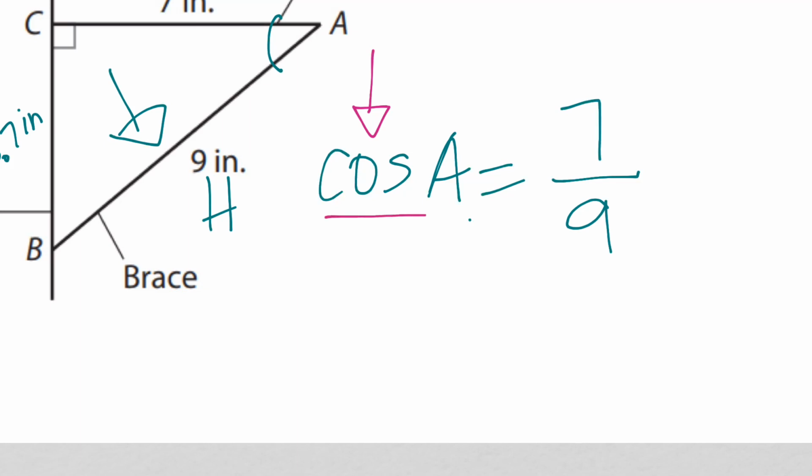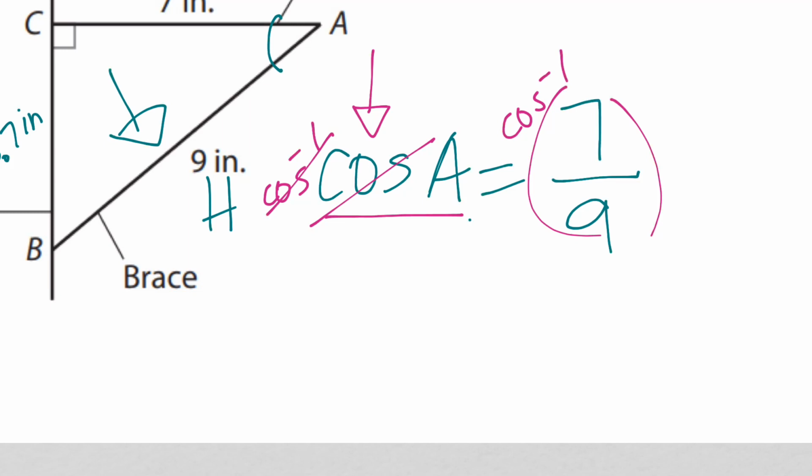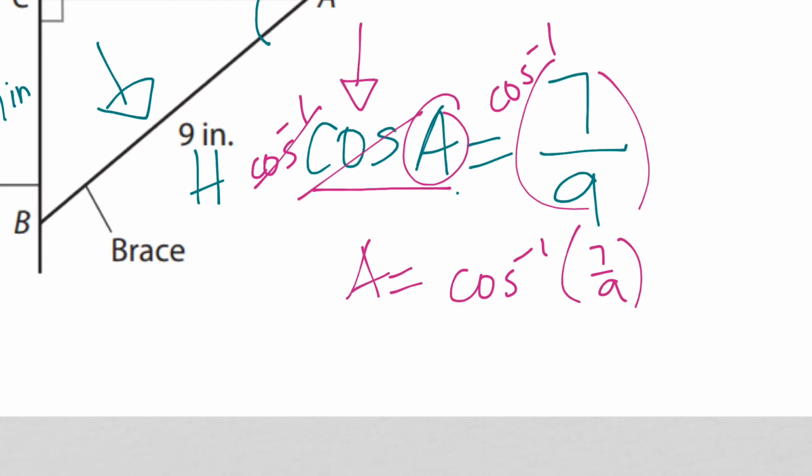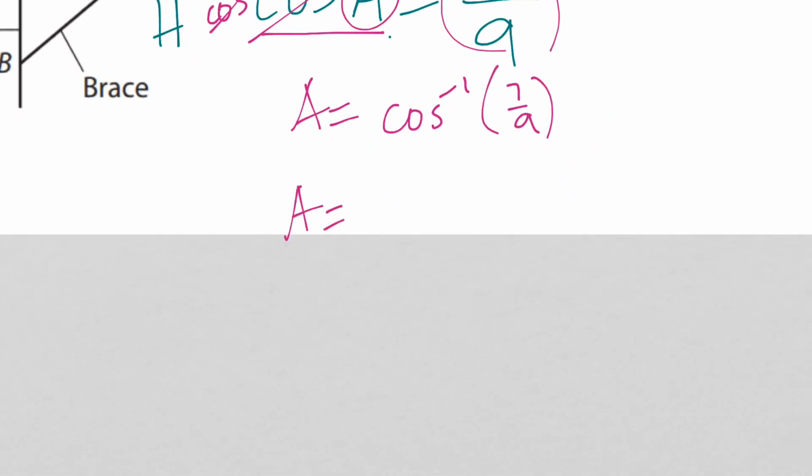To do that, I multiply by the inverse of cosine. So cosine inverse and cosine cancel out, and I get angle A is equal to cosine inverse of 7/9. If your calculator doesn't have the inverse function of cosine, you can use decimals. If you do this, the measurement of angle A will be approximately 39 degrees.